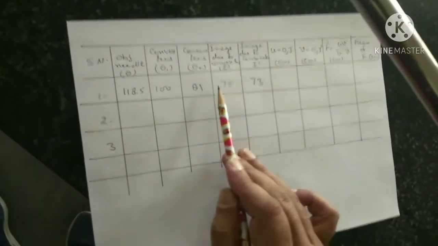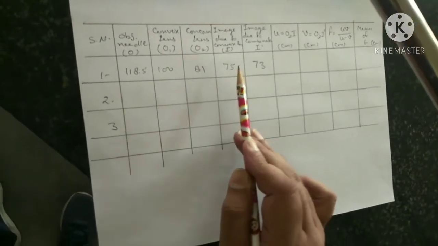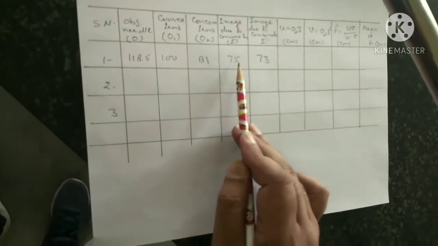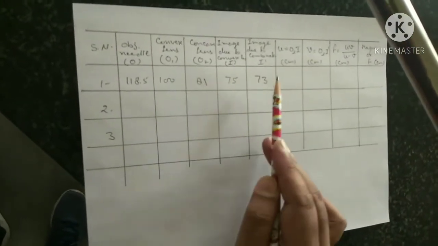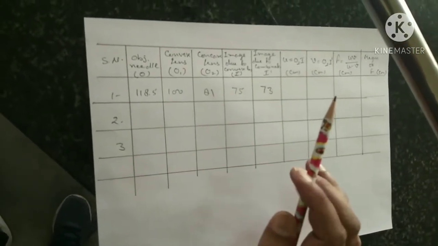So note down the position of the new image pin, that is 73 centimeter, and the position of the concave lens is 81 centimeter. To find the value of u, we take the distance between the concave lens and the first position of the image pin, because the first position of the image pin behaves as a virtual object for the concave lens, whose final image is formed at the new position of the image pin.